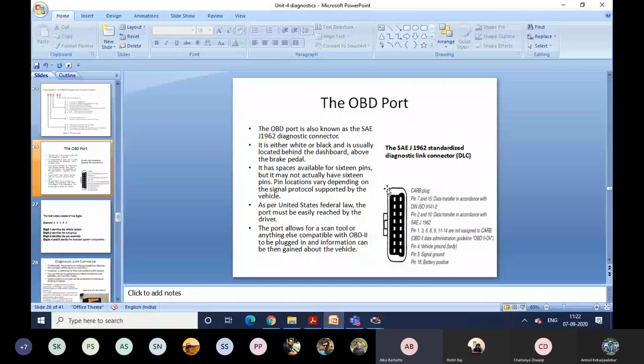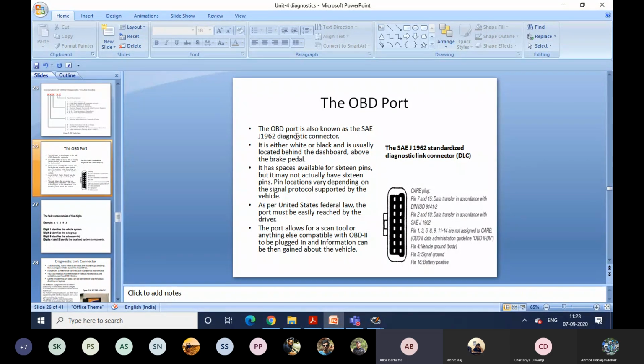As I said, it is also known as the SAE J1962 diagnostic connector. Wherever these numbers come up, they represent standardization of your particular port, the protocols, and the things that you are using in your vehicle.